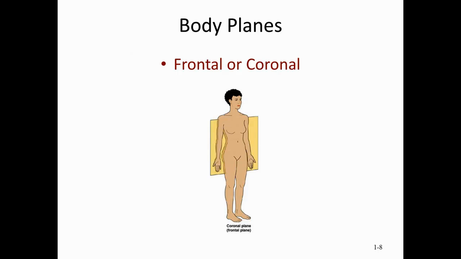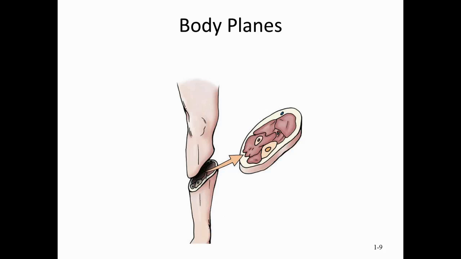In this one, this is a frontal or coronal section. That is going to give us a front and a back. And if we are off of the right angle, if we're anything other than a right angle, we're going to call that an oblique cut. And you can see this section here is an oblique cut.